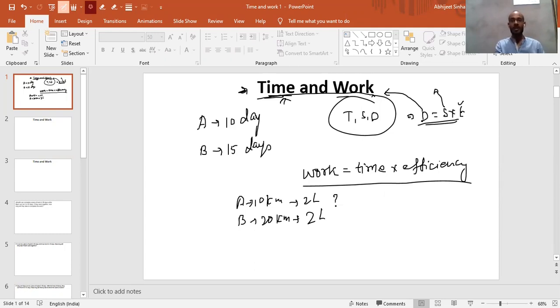How much distance will they cover together? The speed of A is 10 km/h, the speed of B is 20 km/h, and both travel for 2 hours. What will be the total distance covered by A and B together?